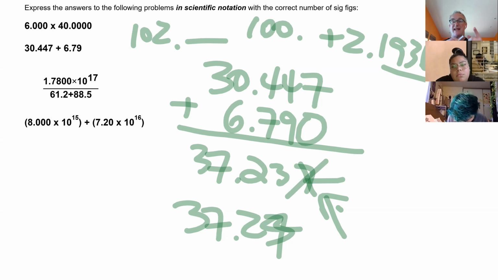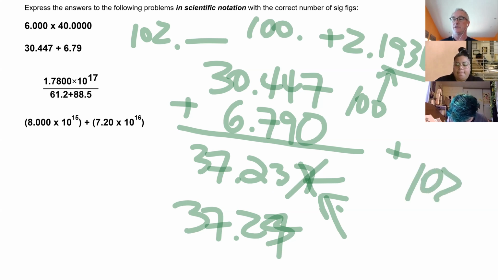You'll find that you just can't go by the smallest number of significant digits. For instance, if this was 100 without the decimal place plus that number, the answer is still 102. So I took something with only one significant digit and I added something with 5 significant digits, and I got something with 3 at the end.